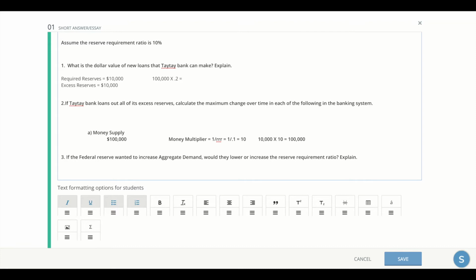Number three, if the Federal Reserve wants to increase aggregate demand, would they lower or increase the reserve requirement ratio?